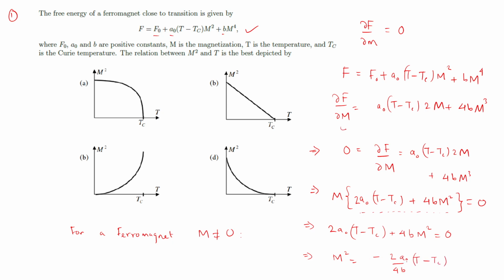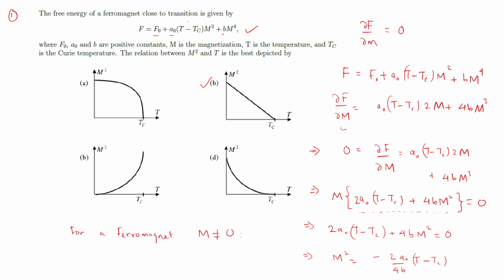Now you see the plot of m square versus T is a straight line with a negative slope, and when T is equal to Tc, m square is equal to 0. So m square versus T is a straight line with a negative slope. So this option matches your answer.